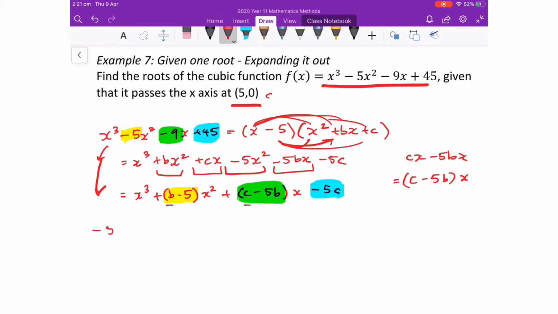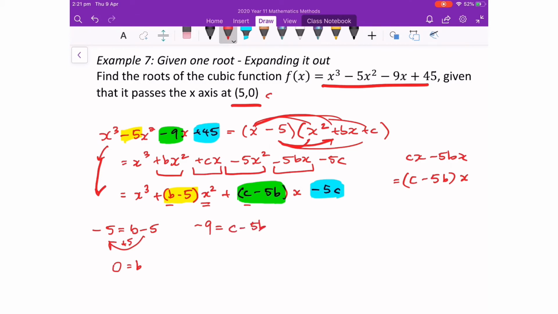So let's make the yellow ones equal to each other because they're both coefficients of x squared. So negative 5 is equal to b take 5. If I add 5 on this side here, I'm going to have 0 is equal to b. Now my next one here, I'm going to put my green ones together. Negative 9 is equal to c take 5b.